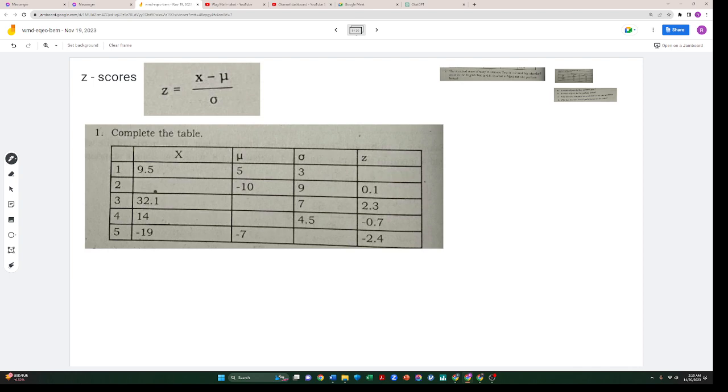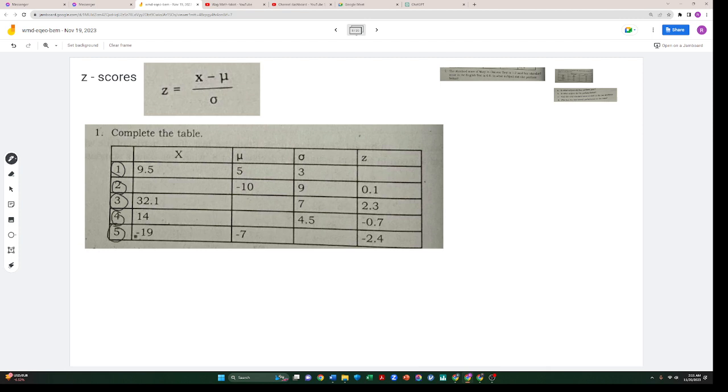Okay, here, nakabantayan ninyo, complete the table. So, sa number 1, ang wala sa iyaha, which is ang z, right? Ang number 2, ang wala sa iyaha, which is ang scores. Ang 3, ang wala sa iya, ang mean. Ang 4, ang wala sa iyaha, ang mean also.